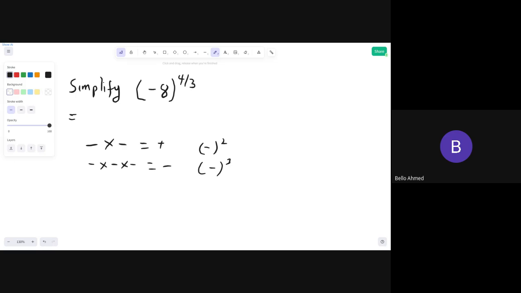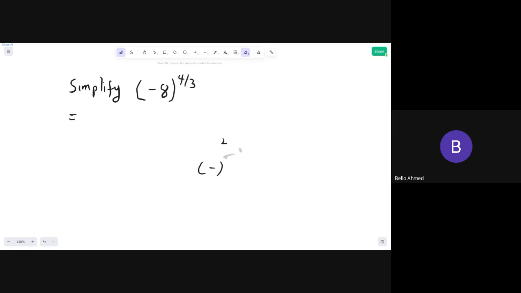So we can now conclude that whenever minus is raised to the power of even, it's going to turn to plus, and we don't need to write it again. But whenever it is raised to the power of odd, then we need to write the minus. So since the numerator of our question is even, we are not going to write the minus again.